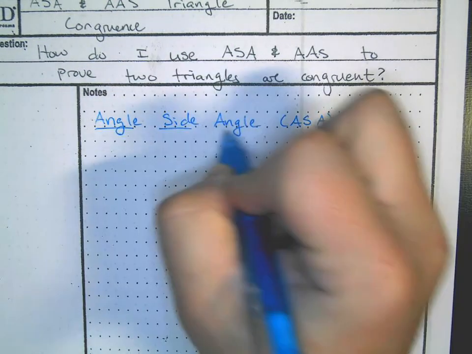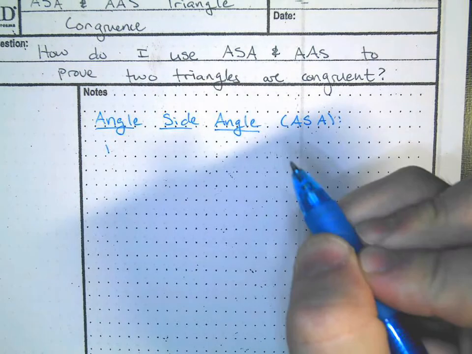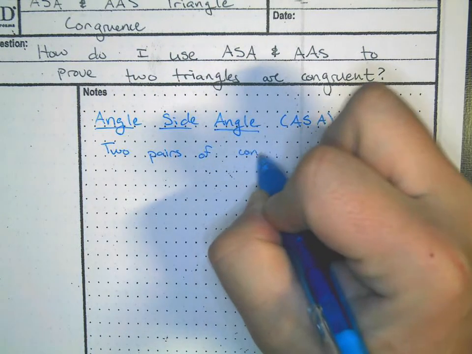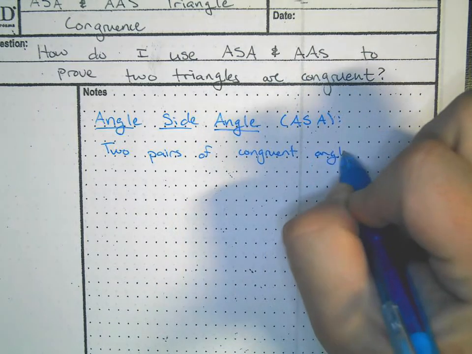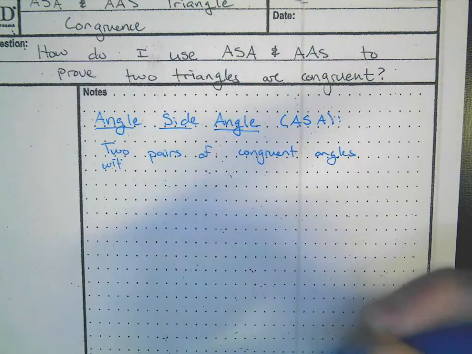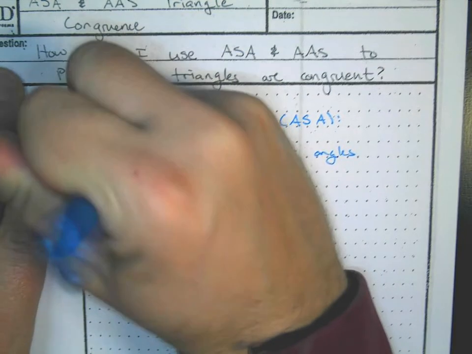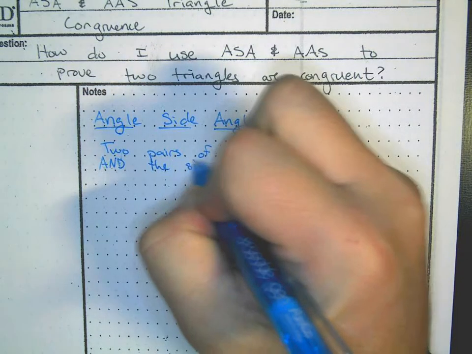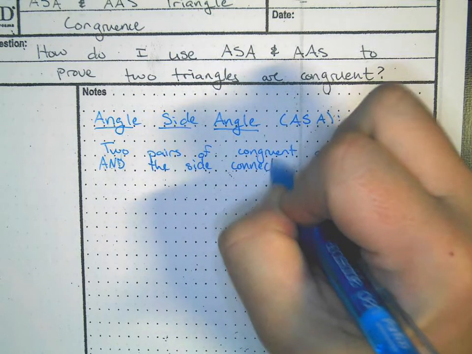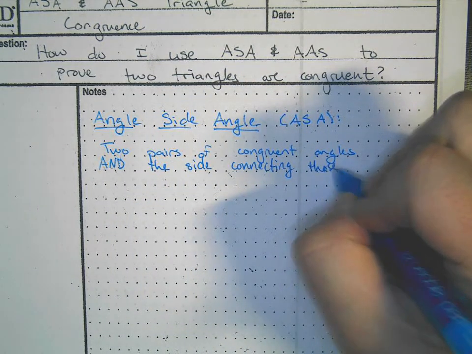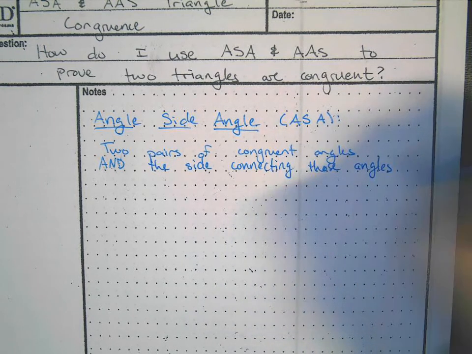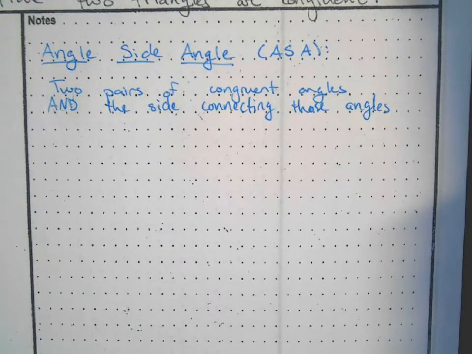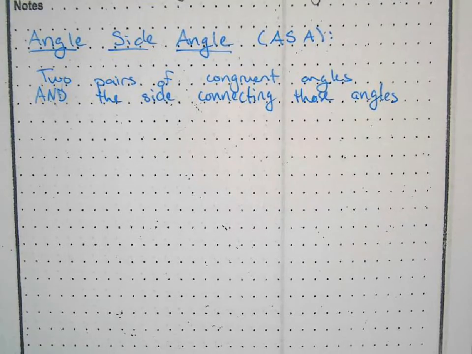And the way this one will look is we'll have two pairs of congruent angles and the side connecting those angles. So let's draw a couple triangles.